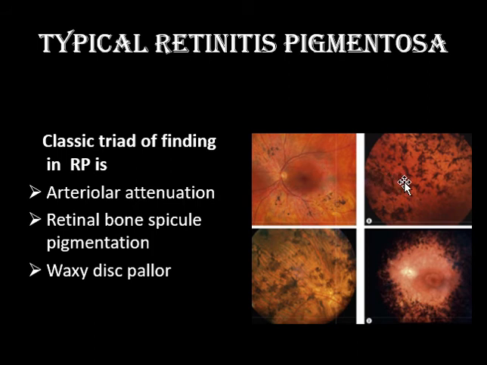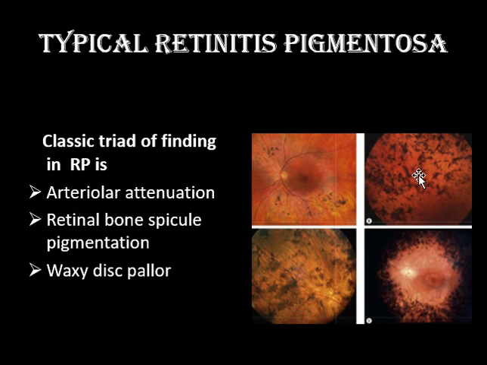This is like the bone spicules, there are pigmentary changes here. It's not diffuse. This is like spikes, like bone spicules, like the spongy bone, shaped like the spongy bone.